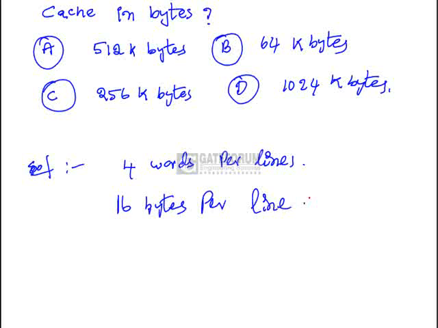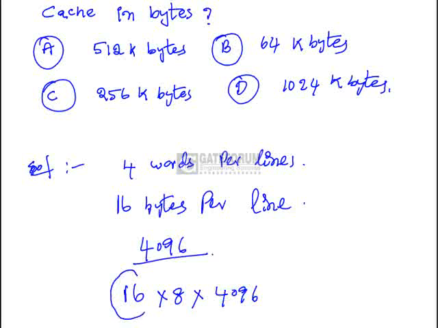16 bytes per line. So the number of sets is 4096, and as it is 8-way set associative, there are 8 lines in each set. So that's why the cache size we can estimate like this: 16 into 8 into 4096.